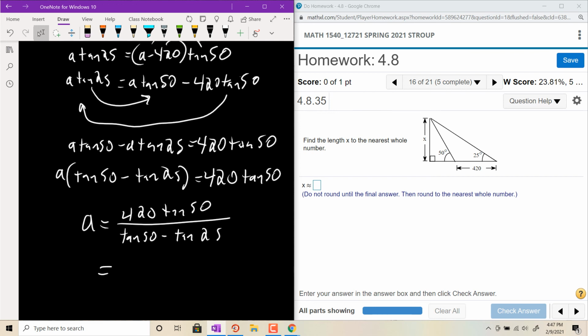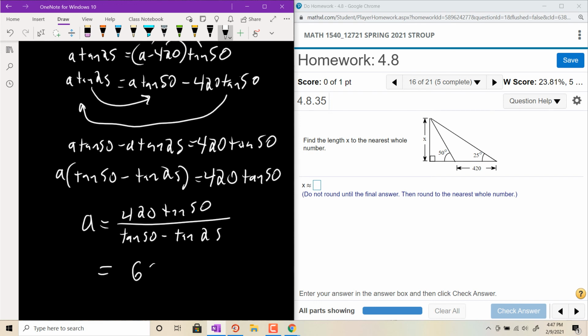So let me get the value for that. 420 times tan of 50 divided by tan of 50 minus tan of 25. Make sure you put the entire denominator in. Do not round until the final answer. Okay.